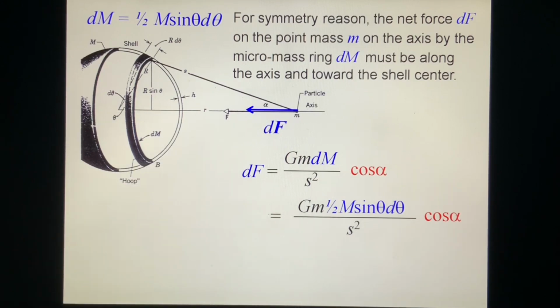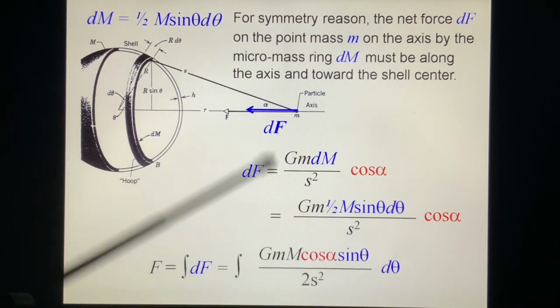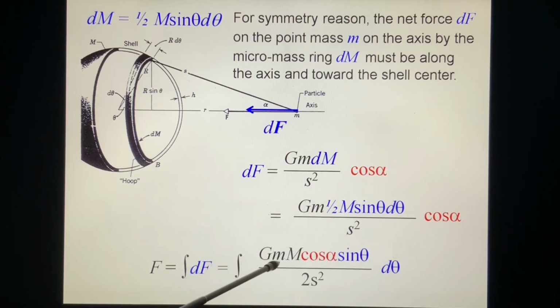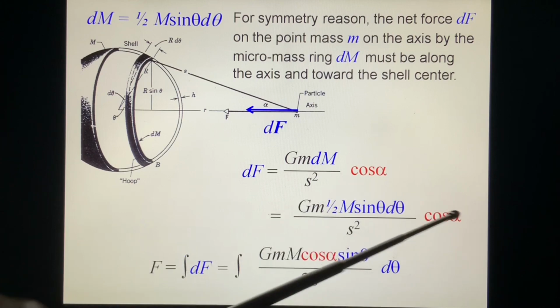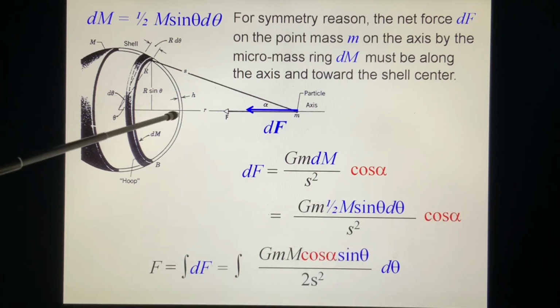Then what is the total force? We put all the different rings acting here, which means sigma, that means integration. So we integrate G m half over s squared, big M sinθ dθ cosine alpha, from theta equal to 0, starting from this ring, up to theta equal to pi.